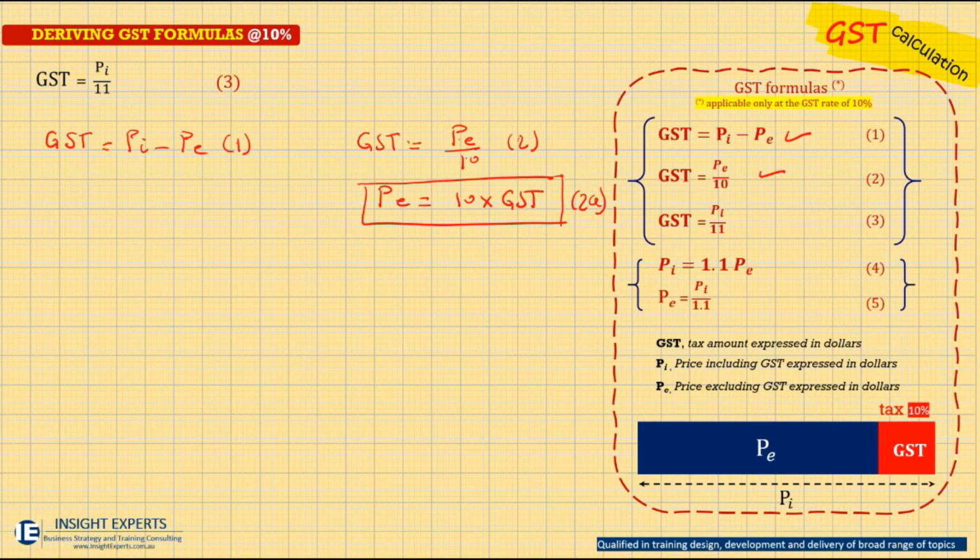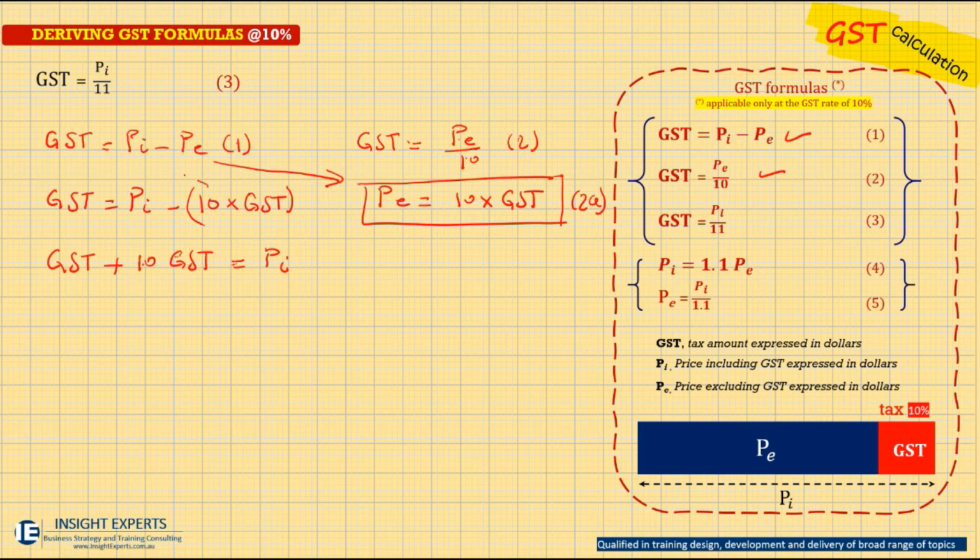Now, if I come to equation number 1 and rewrite it as follows, GST is equal to PI minus PE, but this time PE will be replaced with equation 2a. It becomes PI minus 10 times the GST amount. I'm going to take the GST term to one side of the equation. So it becomes GST plus 10 GST is equal to PI.